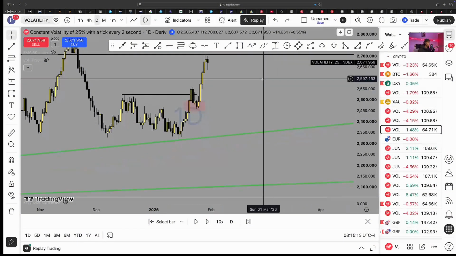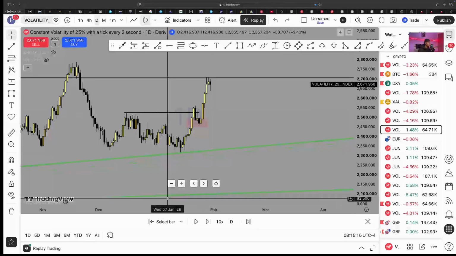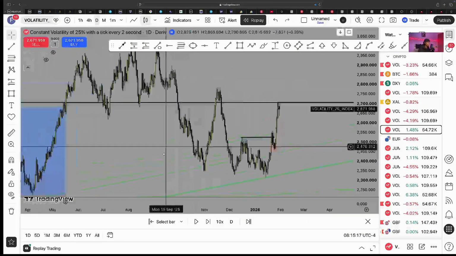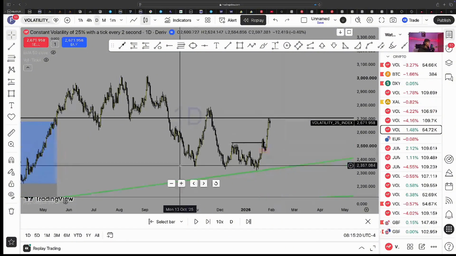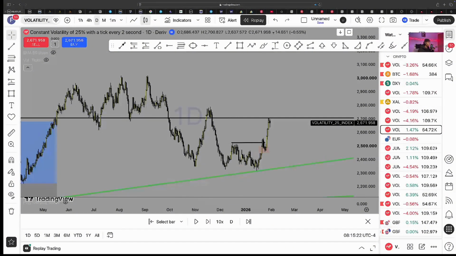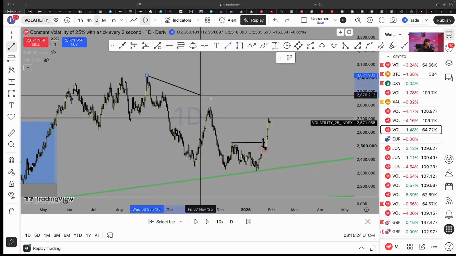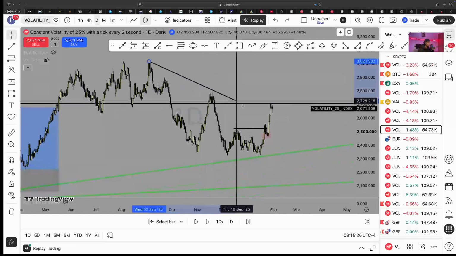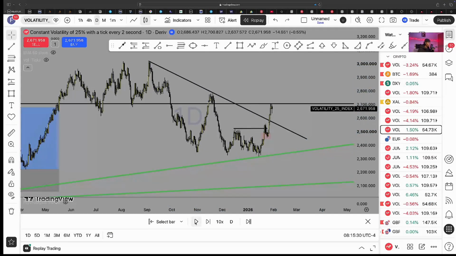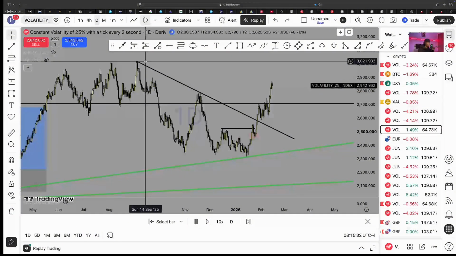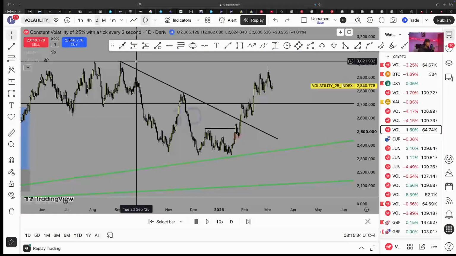But at this point, I wouldn't say that buyers are fully in charge, based on, okay, we just broke out from the counter trend line. Let's see if we're going to head back to this point.